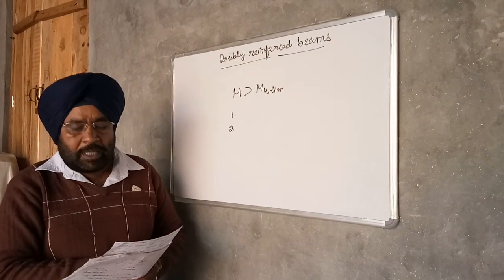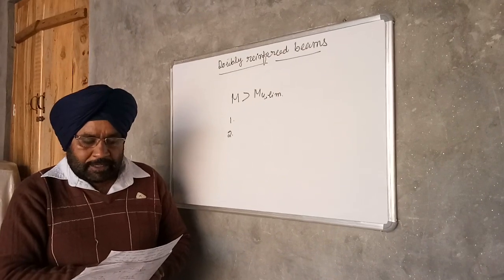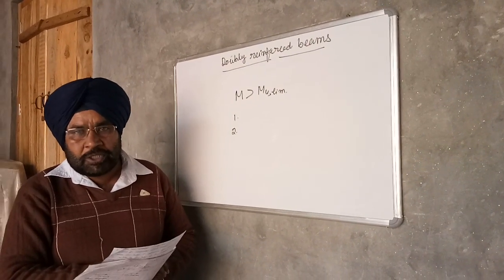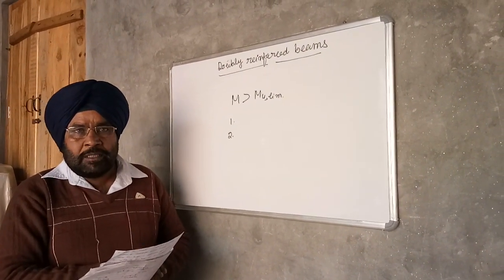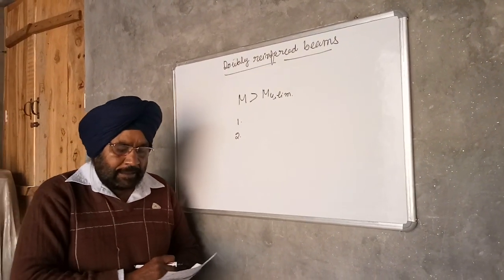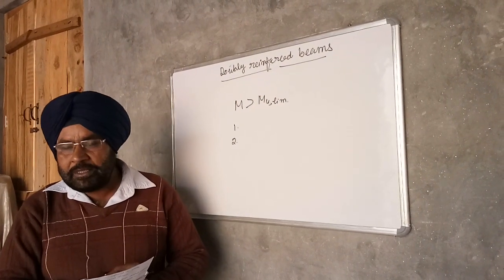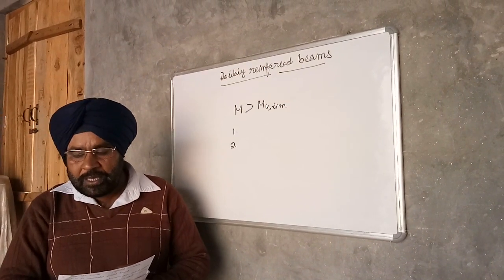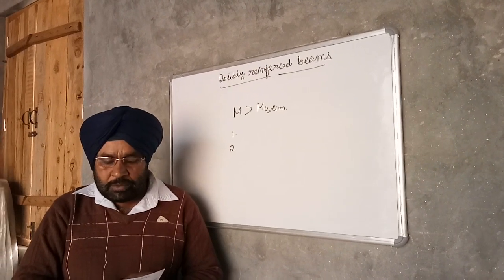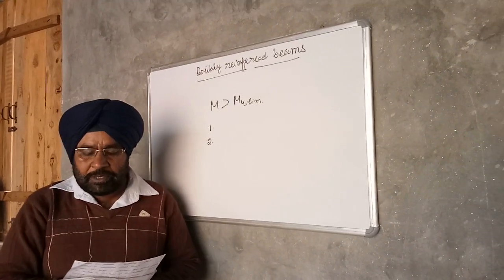In the majority of cases, the depth of the beam is restricted due to architectural and headroom considerations. Headroom means space below a roof or bridge. In that case, the only alternative left is to provide reinforcement in the compression zone, giving rise to the doubly reinforced beam section. So, conditions under which doubly reinforced beams are used.